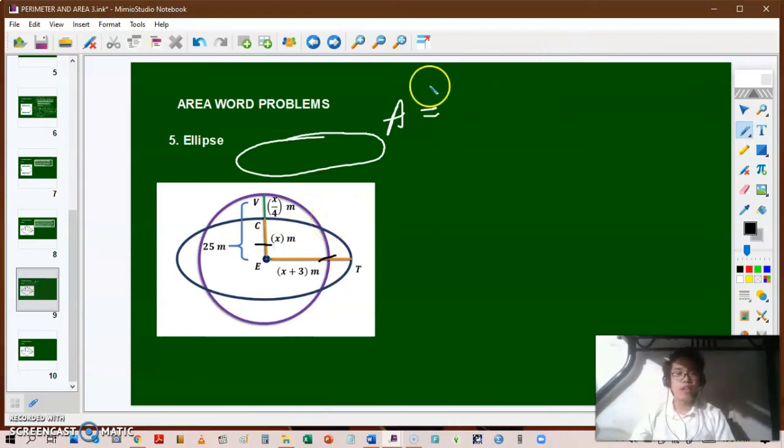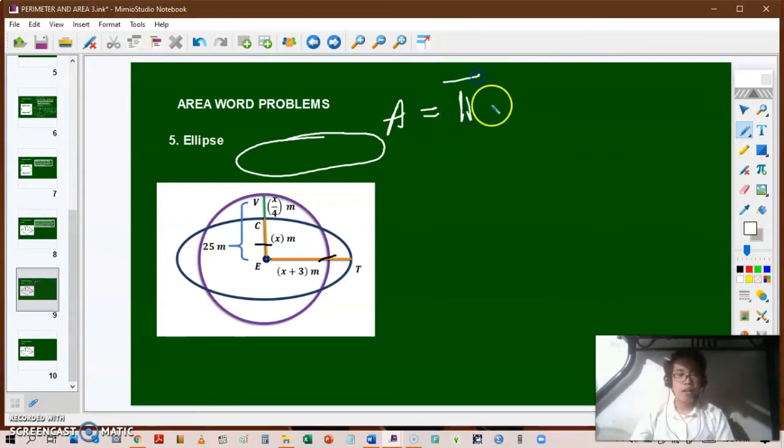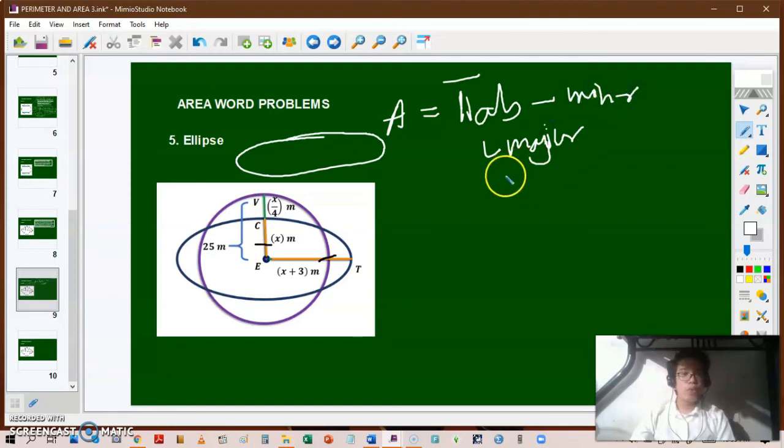The formula for finding the area of an ellipse is A equals pi AB, where A is your major axis and B is your minor axis. But before we can solve for the area, we need to first find the value of x. So we're given here a clue. We have here a circle, and the circle has a radius of 25 meters.